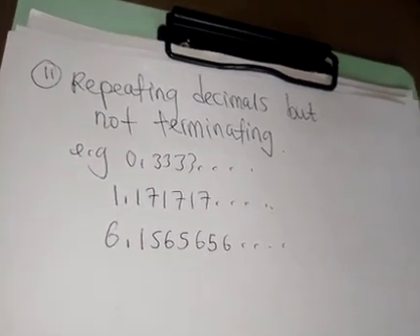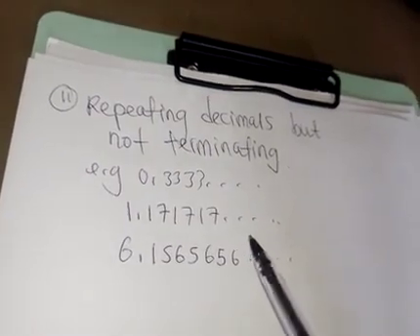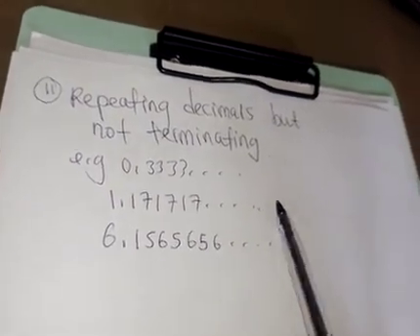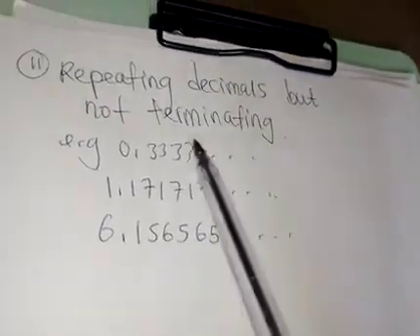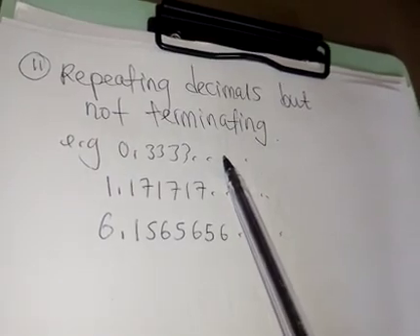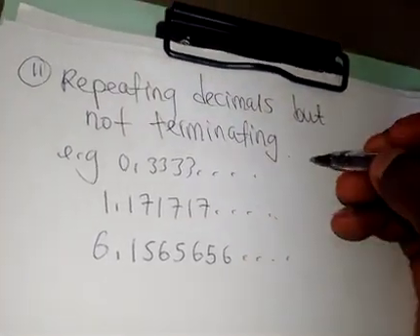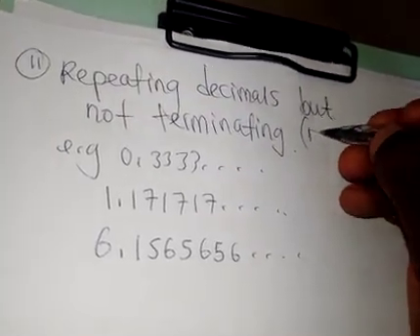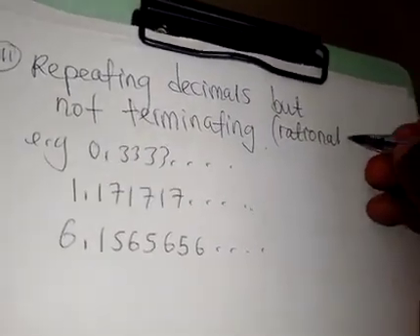These are called repeating decimals but not terminating. They are repeating decimals but we can't tell what the last digit is. These are non-terminating. So these also belong to rational numbers.